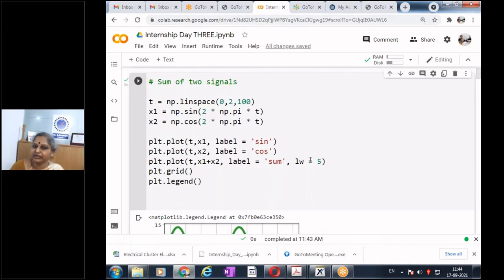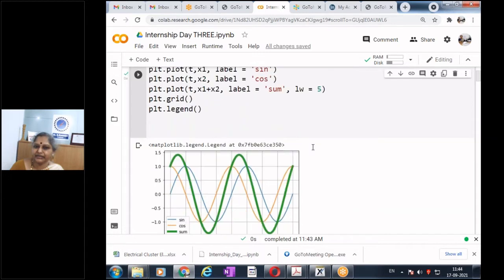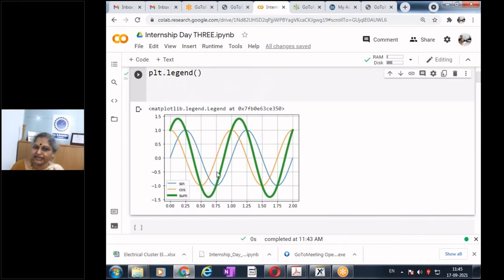I want to make this a little prominent because with three waveforms I do not know which is which. So I want to make it a little thicker. You can add this in any order. I'm making the line width 5, so that it is clear that these are the two signals which got added. Is it done?